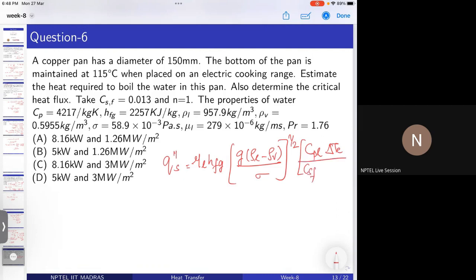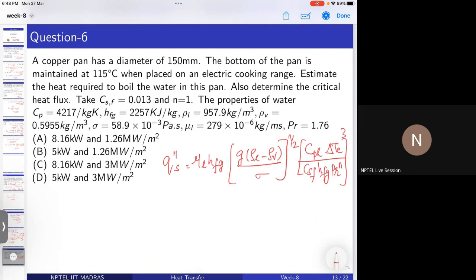CSF is a coefficient which depends on the solid fluid combination which we are using, times HFG again, times the Prandtl number raised to an exponent n, all raised to 3.